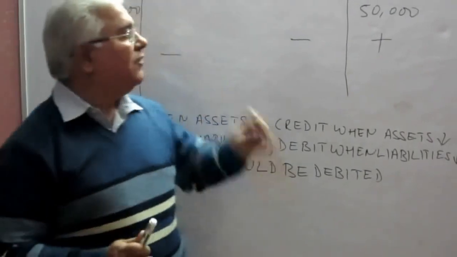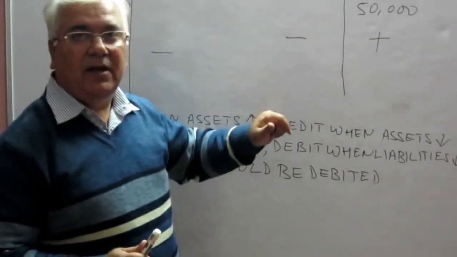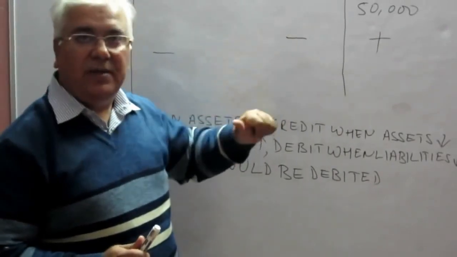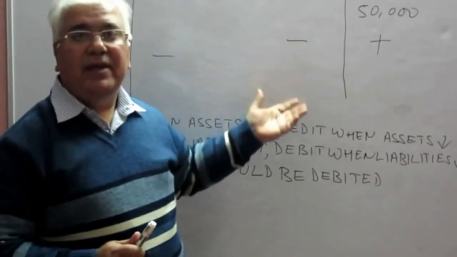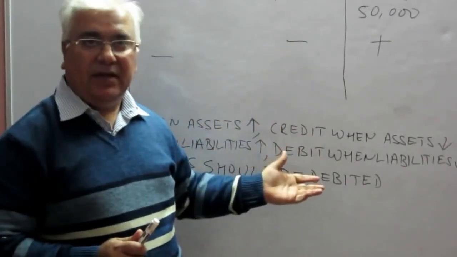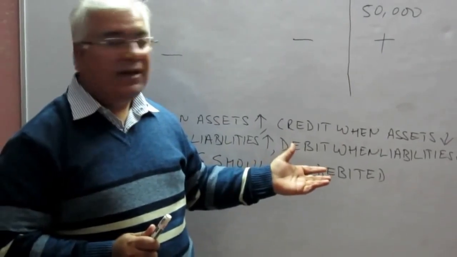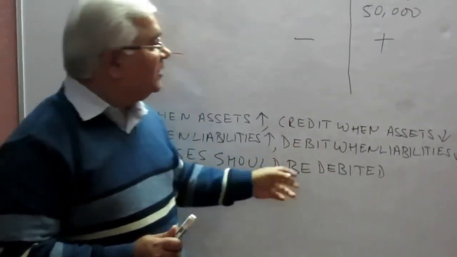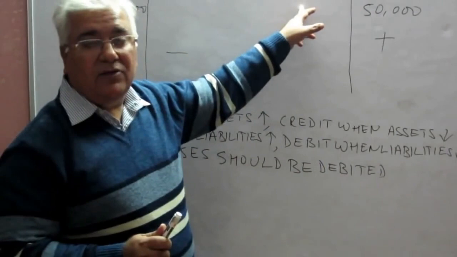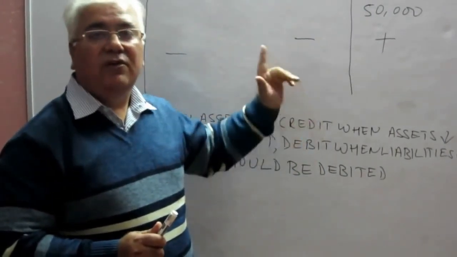If salary is debited here, traveling expenses are also debited here, telephone expenses are also debited here, we won't be able to make any analysis of that. But if all accounts are maintained separately, we can make an analysis of those expenses. That's why whenever an expense account is maintained, it is always debited.